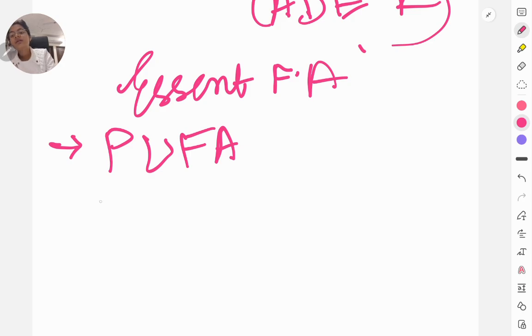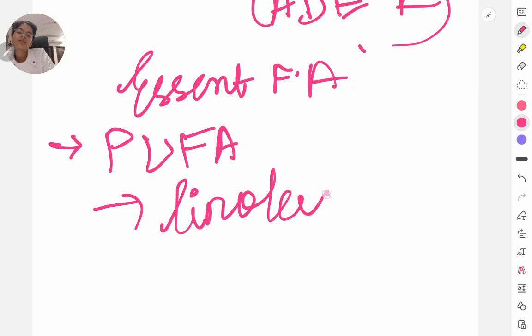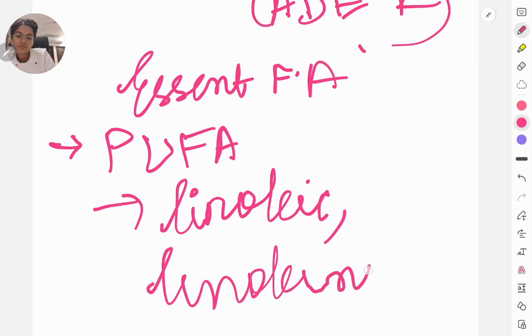There are two examples, linoleic or linolenic. Clear?